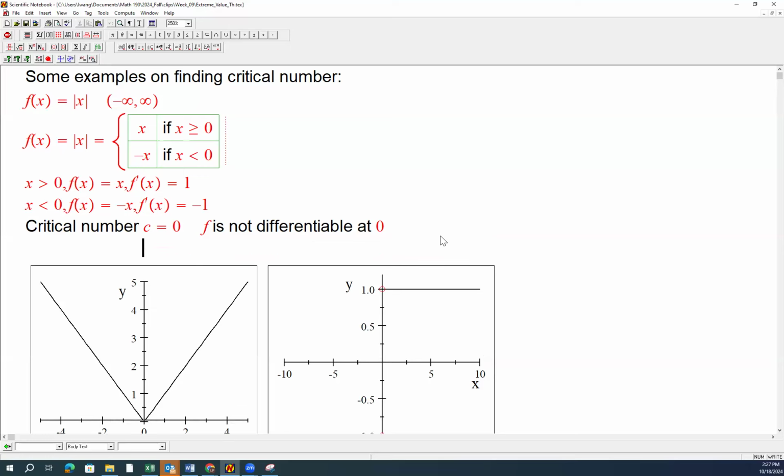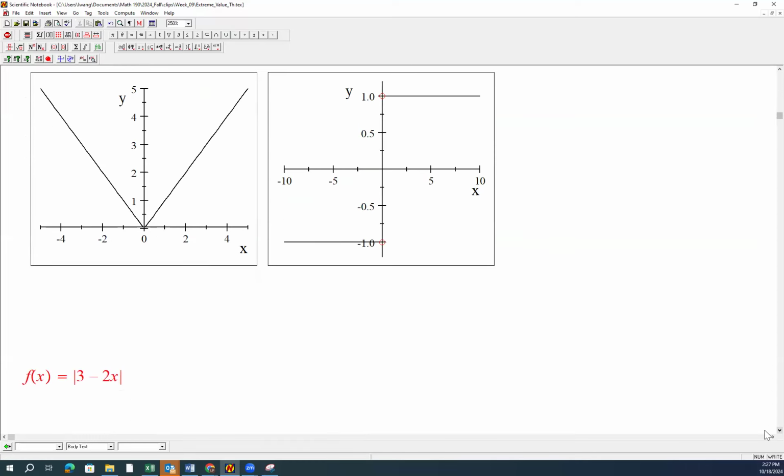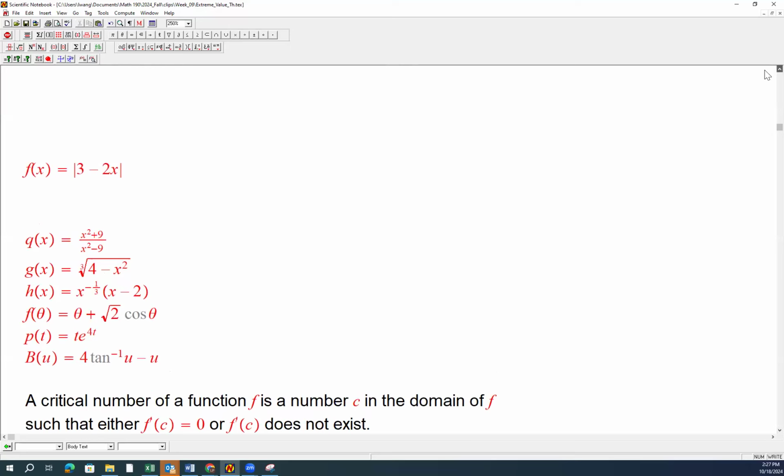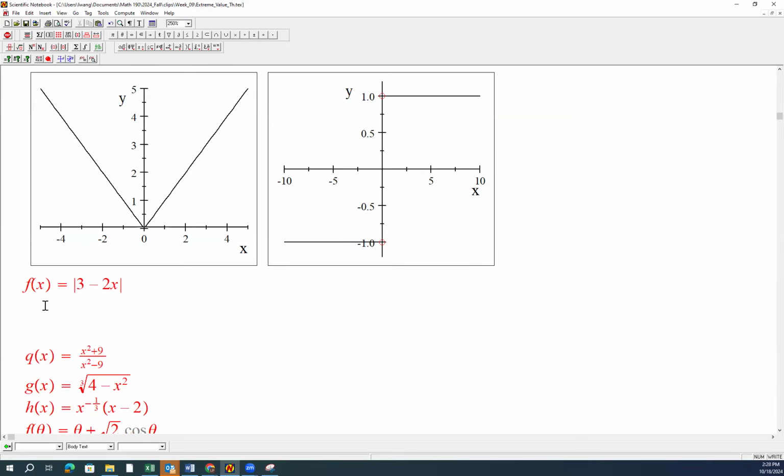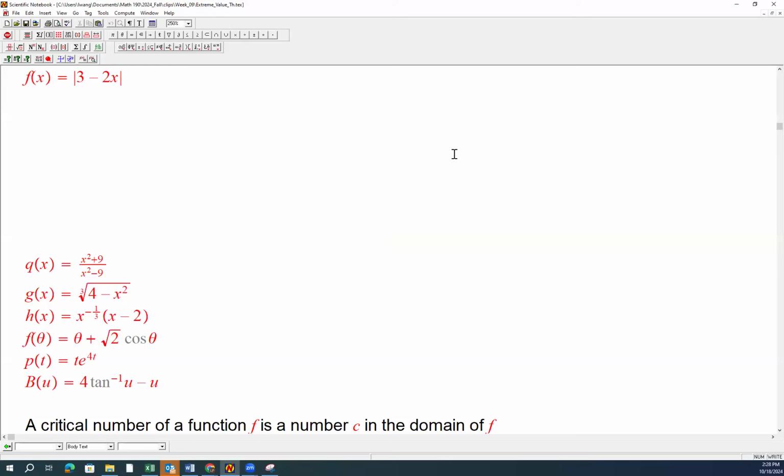I'll try to make it faster, and it ended up a bit slower than I wish. Now let's look at this function. We're looking for the derivative. Obviously, this is the same model, so the idea is pretty much the same.